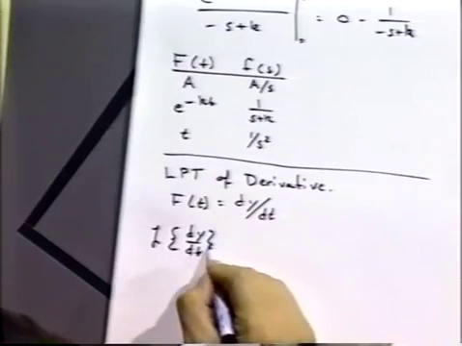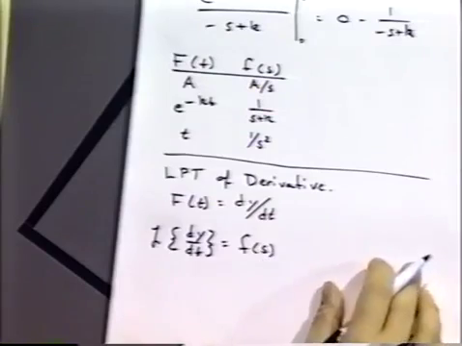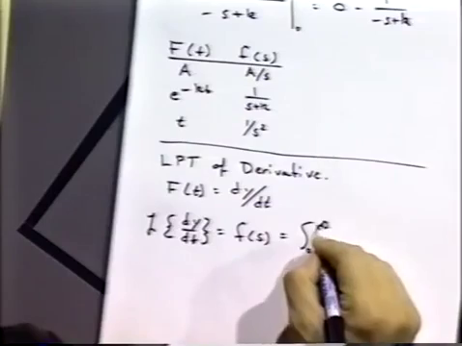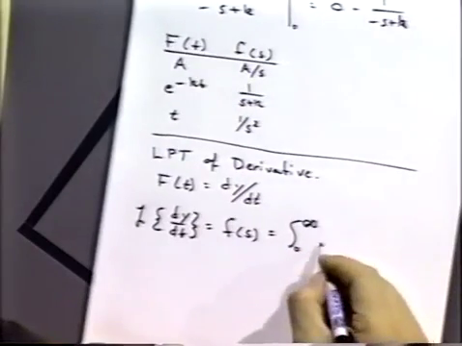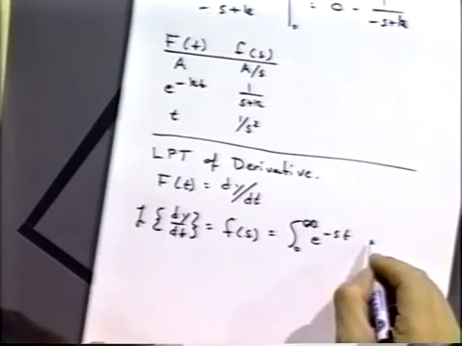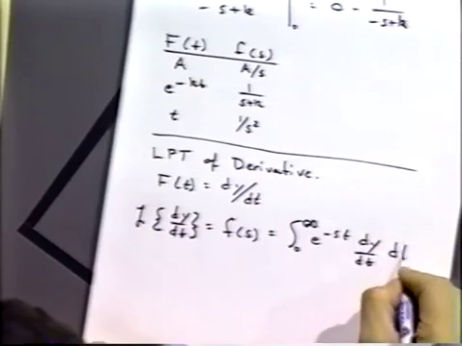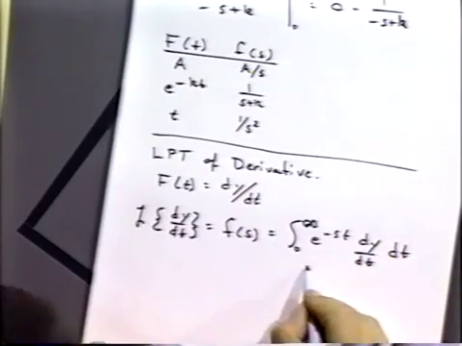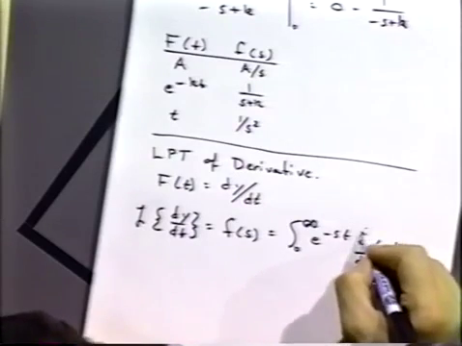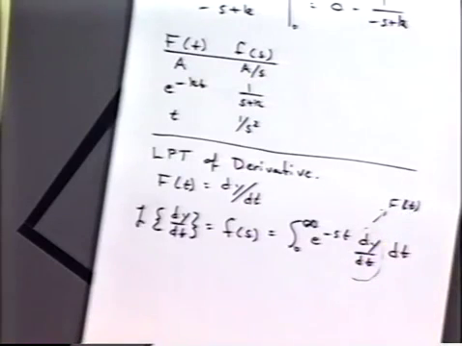So the Laplace transform of dy dt is equal to the function in Laplace space, which would be the integral transformation of e to the minus st, the Laplace transformation, and dy dt dt. Here's our integral transform, here's our function of time, and that's the way we do it.